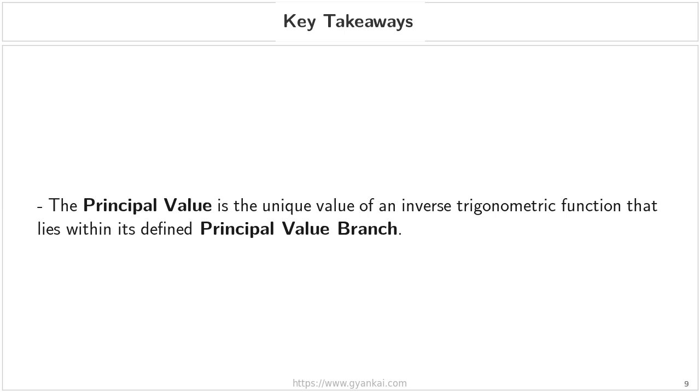Key takeaways. All right, let's wrap up everything we have discussed in this lesson with these key takeaways. First, remember that the principal value is the one unique angle for an inverse trigonometric function that falls specifically within its defined principal value branch. As we discussed earlier with our standard address analogy, this ensures we have a single, consistent answer rather than infinitely many possibilities.